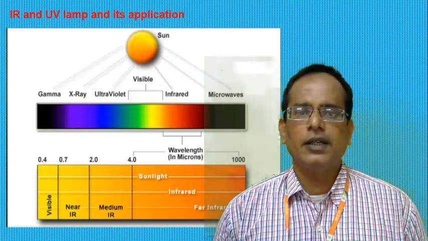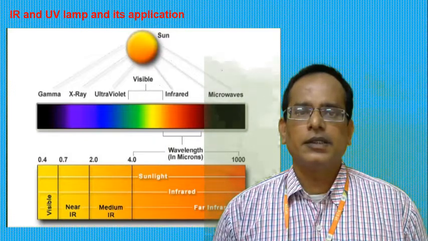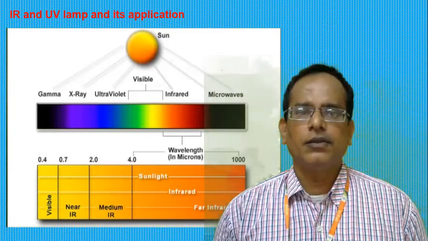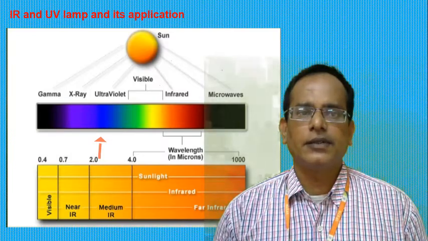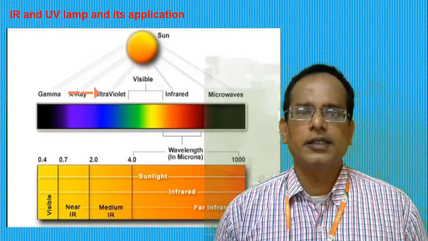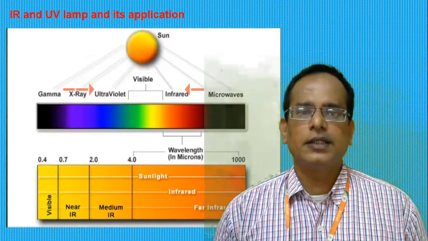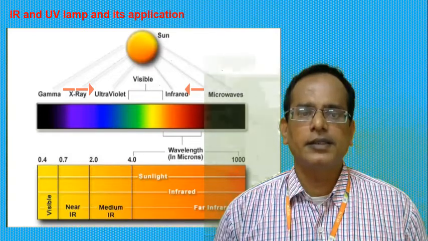The wavelength above the red color we call infrared, and the wavelength below the violet is called ultraviolet rays. You are seeing in the diagram that this side is the violet color. From that side it is given ultraviolet, X-rays and gamma rays.